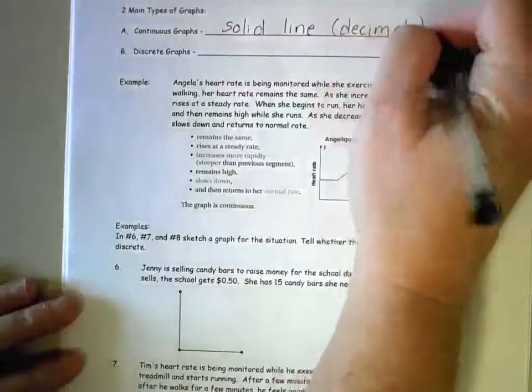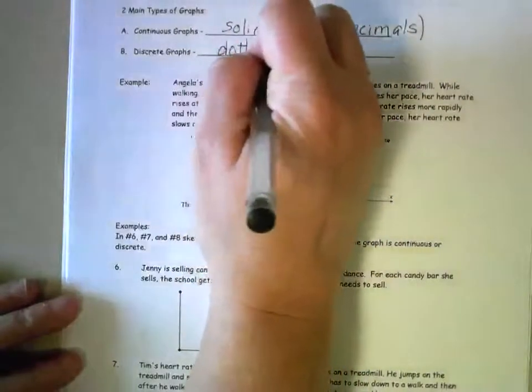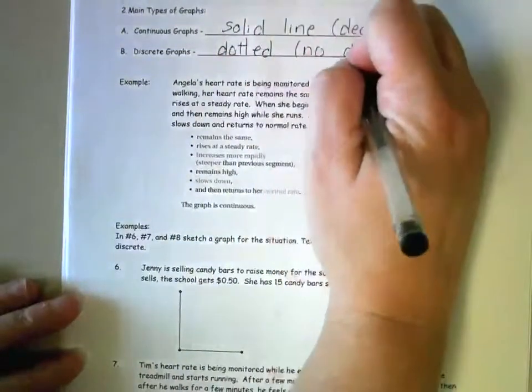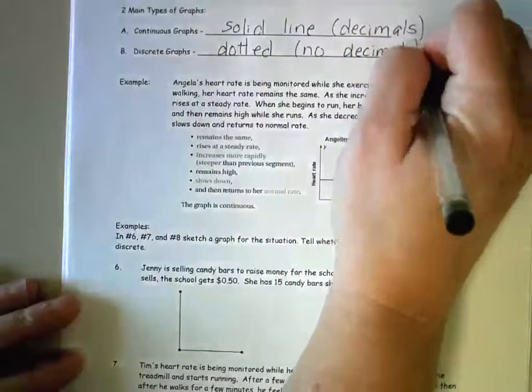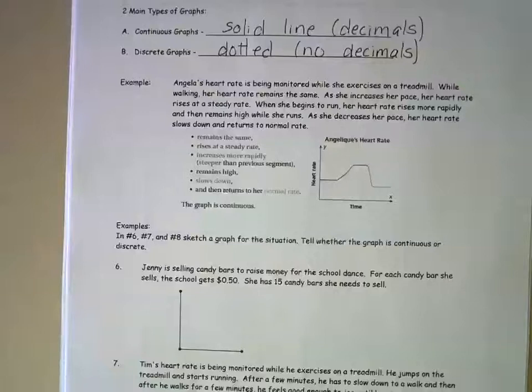And a discrete graph is dotted, and this is when there are no decimals or the decimals don't make sense. And we've talked about this, like you can't buy a half a hamburger at McDonald's, or you can't have 2.5 pets. When those halves and fractions don't make sense, that is a discrete graph.